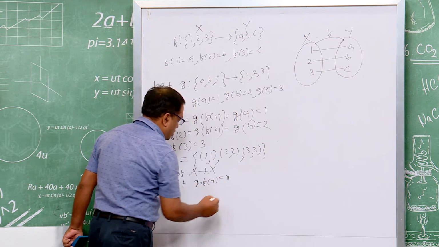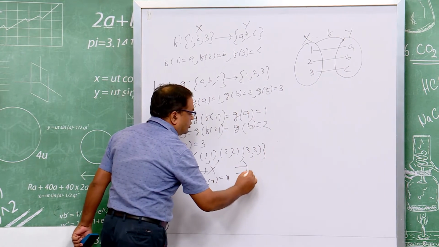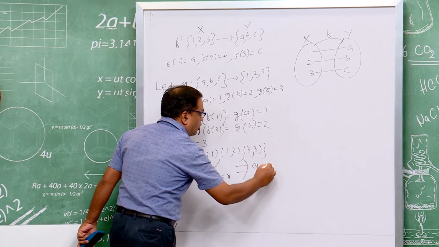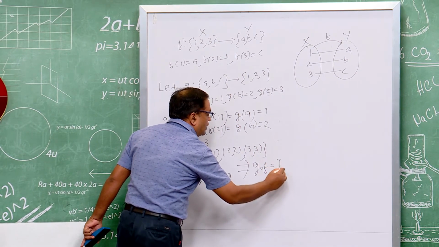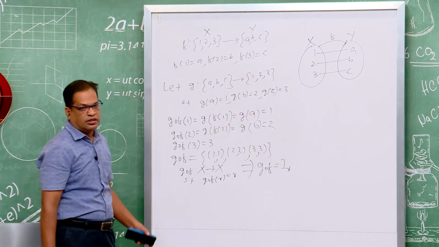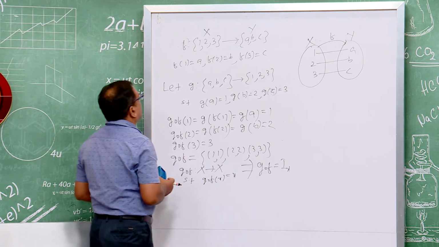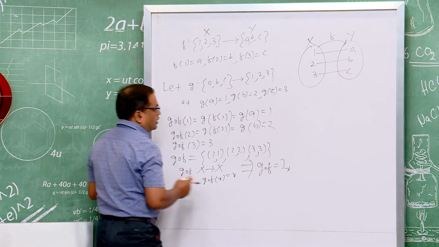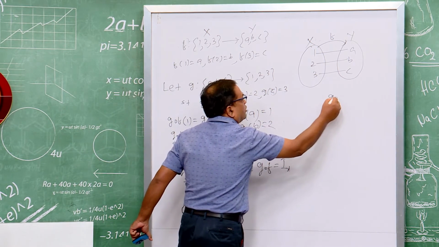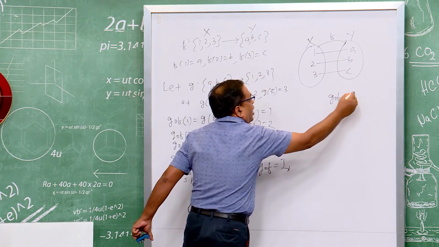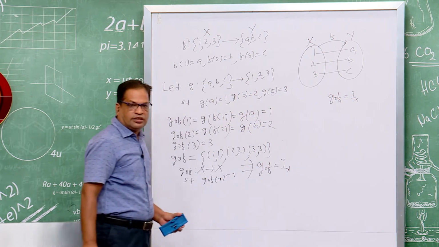That implies G composition F is nothing but an identity function. So, we calculated that G composition F is nothing but the identity function on X.